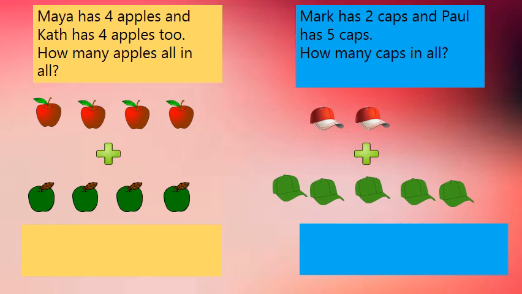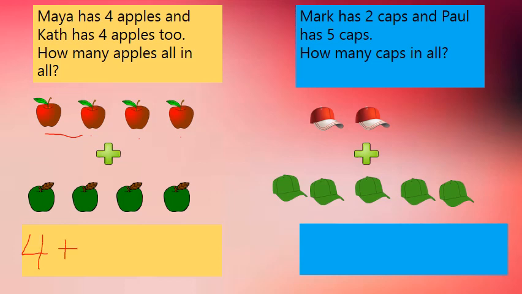All right. So, who can give me the answer? Okay. So, the first given number is 4, right? 1, 2, 3, 4. So we're going to write number 4 here. And then copy the plus sign.